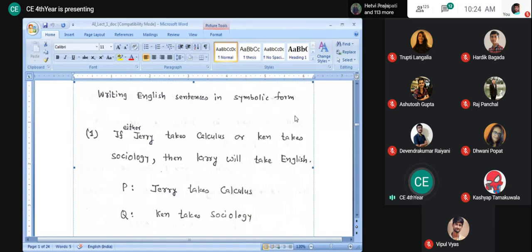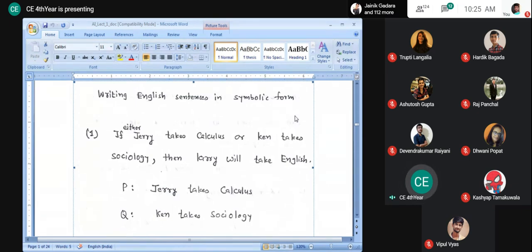We know the propositions, and we know the connectives or operators that are there in propositional logic, those five connectives: not, or, and, implies, double implies. These are the only operators that you can use in propositional logic. It is very simple. We can split this sentence into parts.